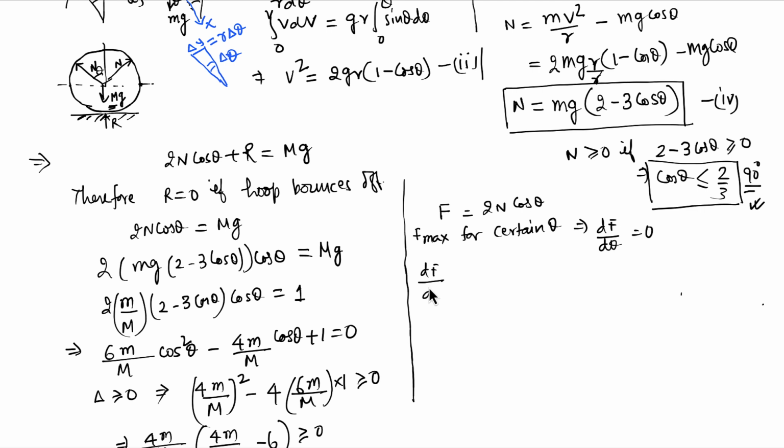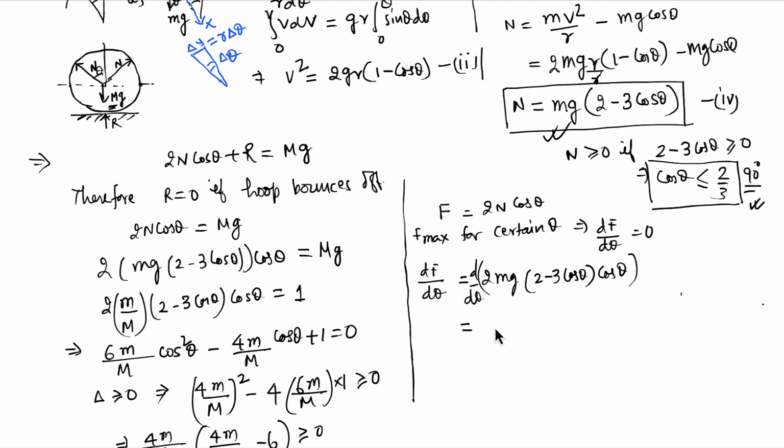dF by d theta equal to, we replace the N with this expression. So mg (2 minus 3 cos theta), d by d theta of this whole thing.